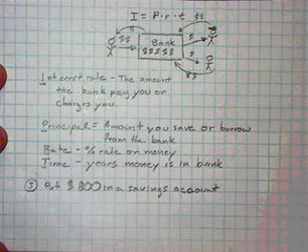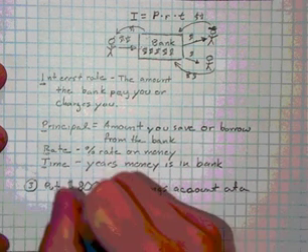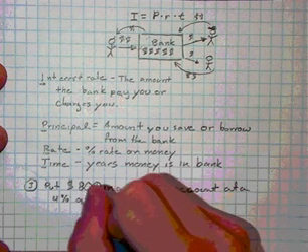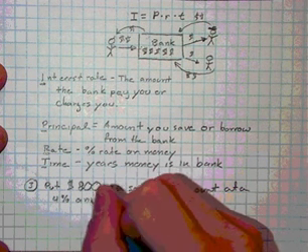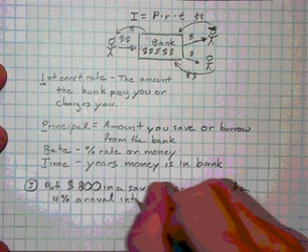Let's put all our $800 into a savings account at a 4% annual interest rate.